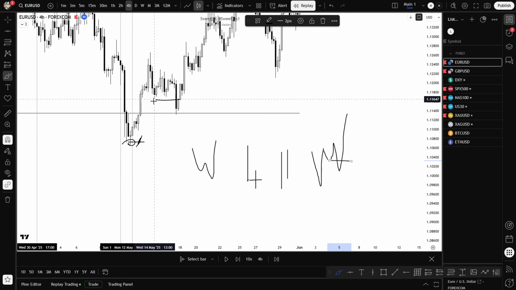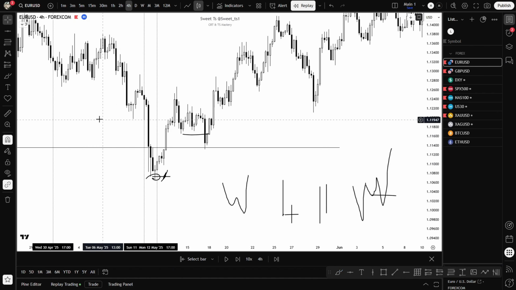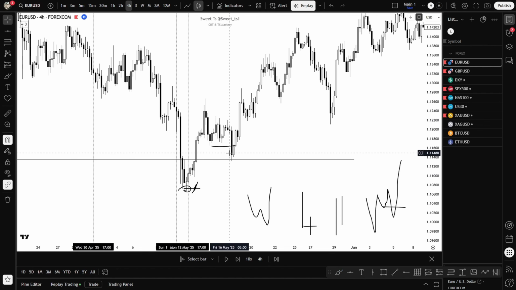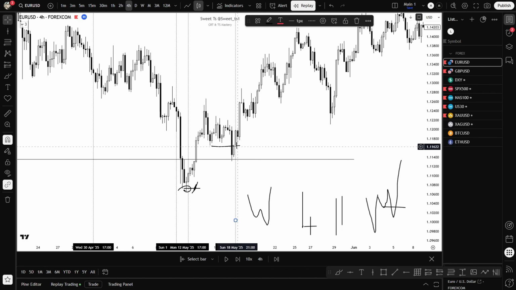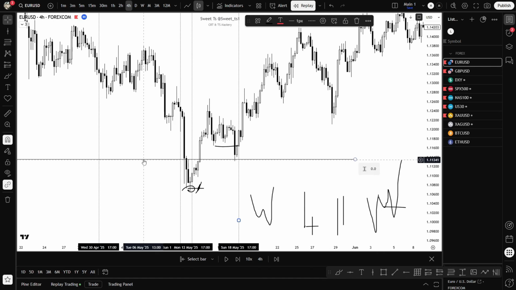This is what happens. We have the move, which also happens just before the next week open. So this is the higher time frame. This is the lower time frame. This is how the lower time frame looks inside a higher time frame key level, right?